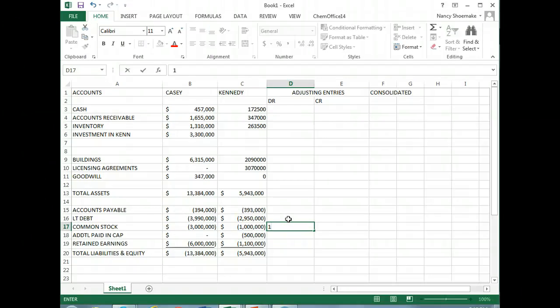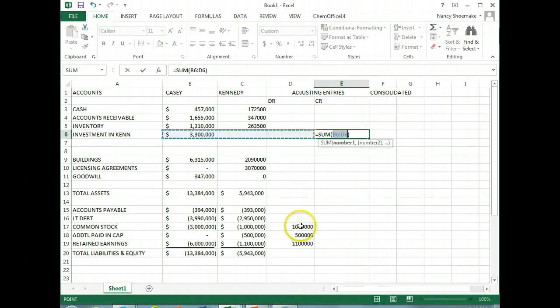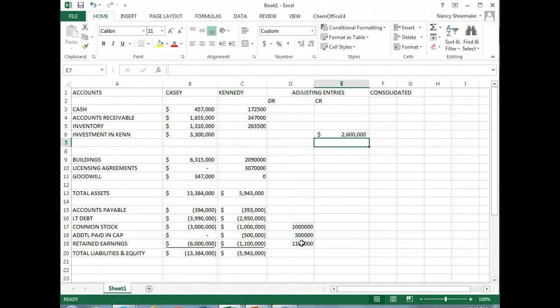We're going to debit the common stock of Kennedy, debit the paid-in capital, debit the retained earnings. So this investment in Kennedy is going to be credited by those three numbers. 2,600,000 we want to eliminate.